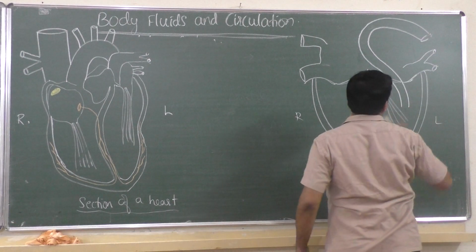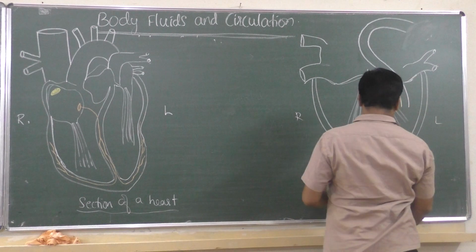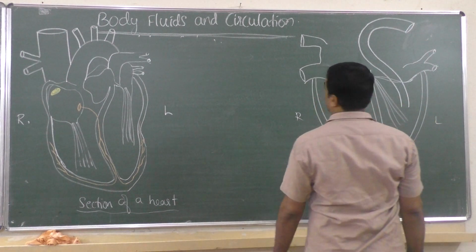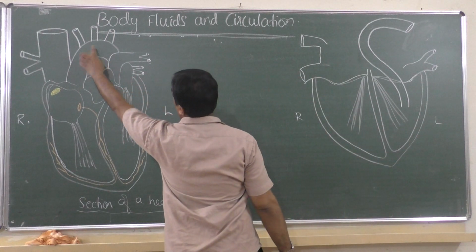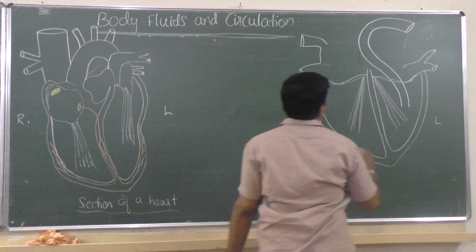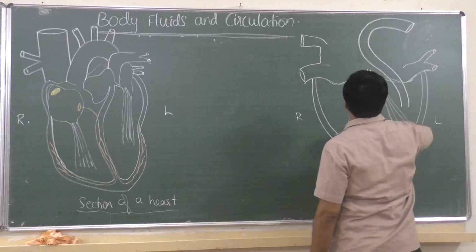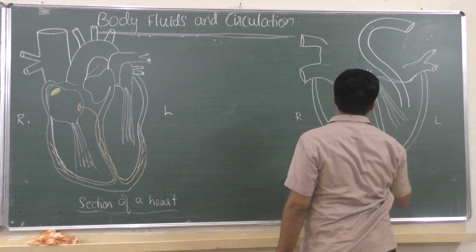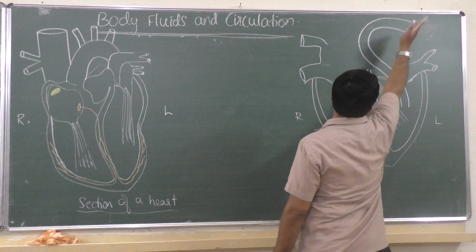You can show only till here. Aorta. What they are showing here, this is aorta they are showing. Okay, so this side it went to this side and went back. Then from here it should go that side.